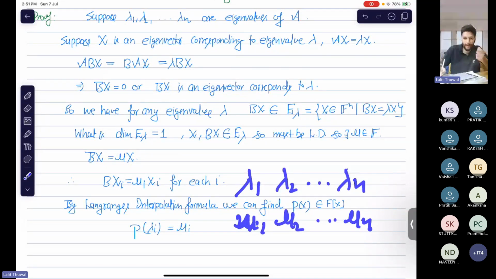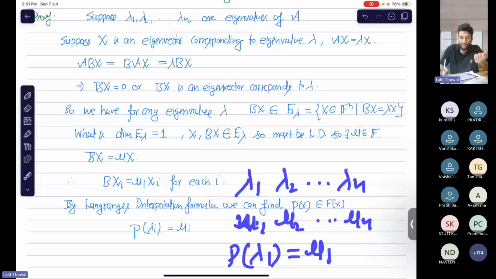So you can find a polynomial of degree n or n minus 1 that takes value mu 1 at lambda 1, value mu 2 at lambda 2, and so on, because the Lagrange interpolation formula is true for any field.